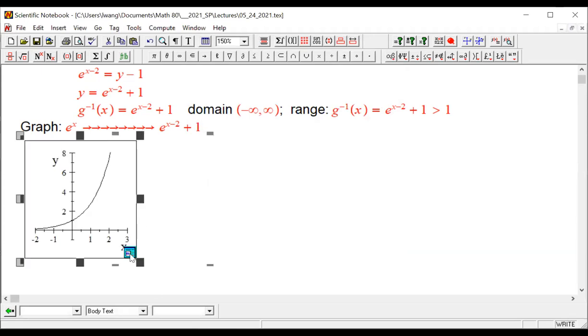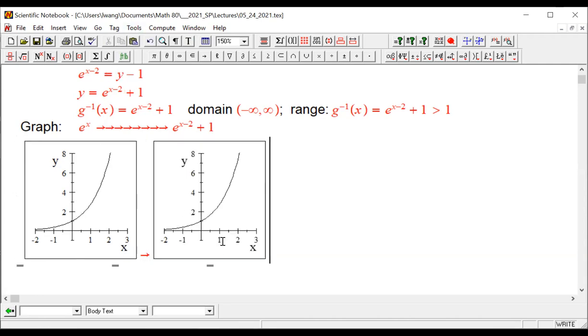I'm going to have to make some transitions and shiftings. From e to the power x, we're going to shift to e to the power of x minus 2. This is going to take some steps to get there.